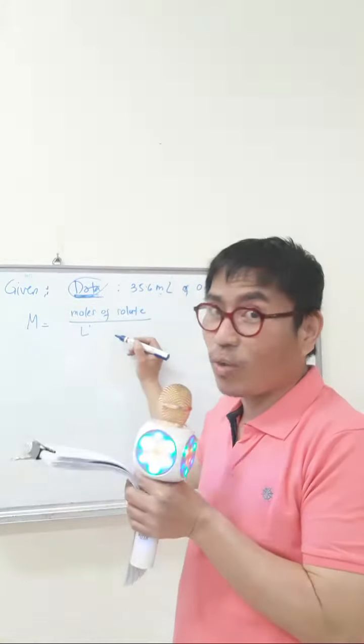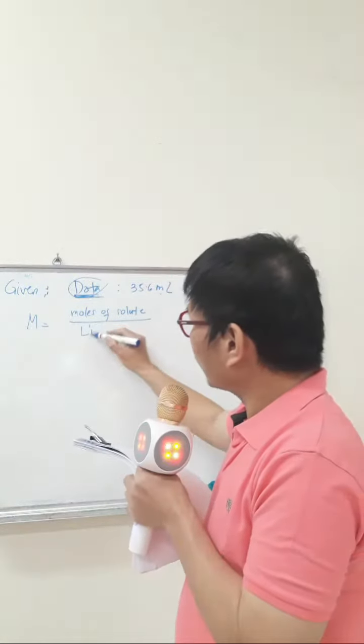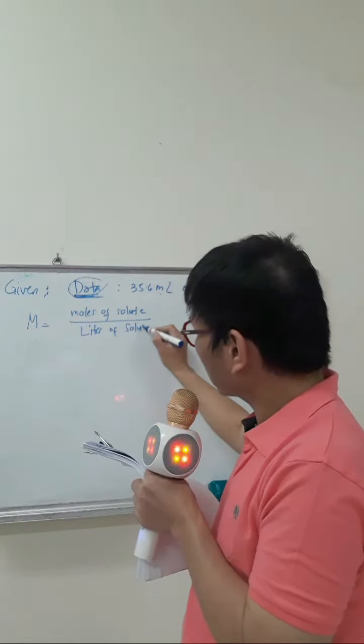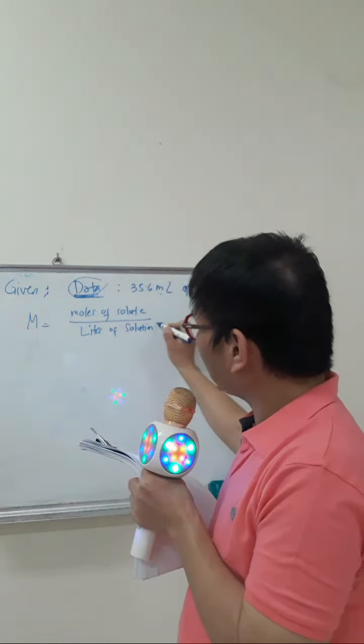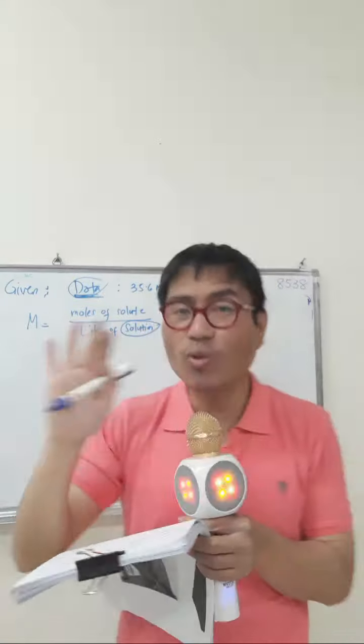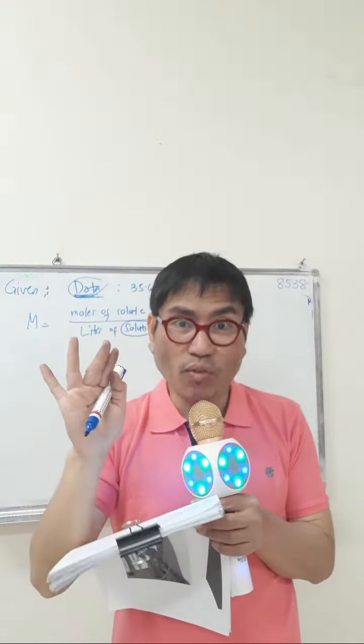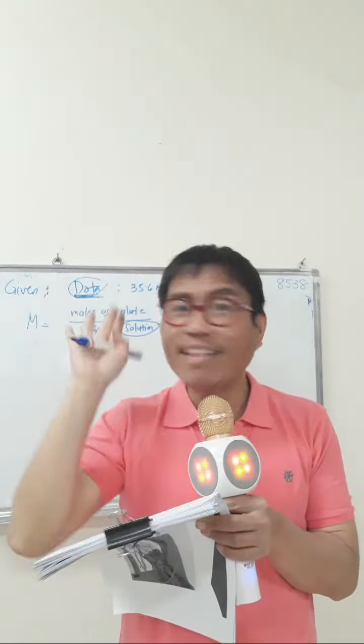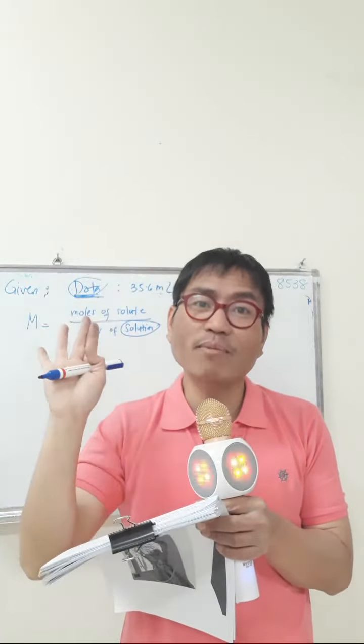Chemical engineers will never forget this. So the liter here is of the solution. Remember, a solution is composed of a solute and a solvent. The solute would not necessarily mean a solid. Sometimes it's also a liquid.